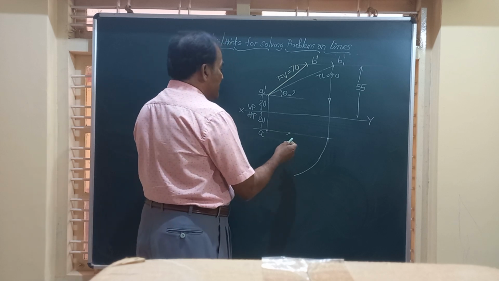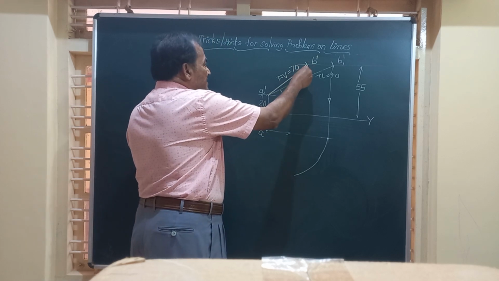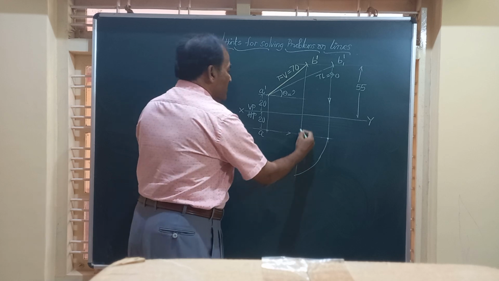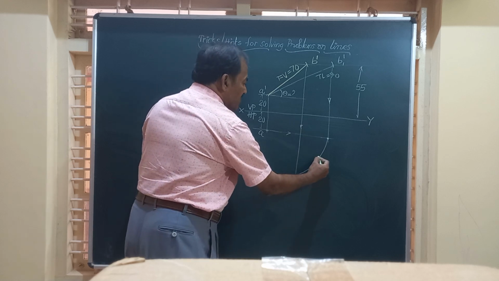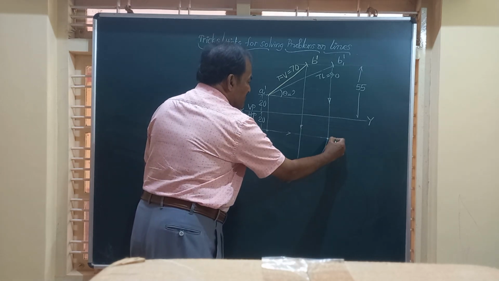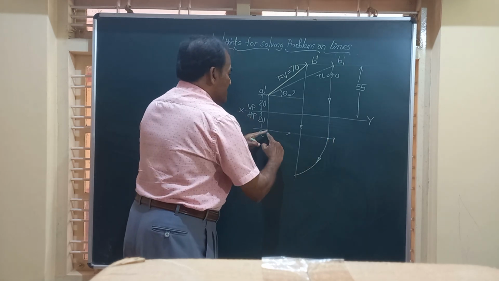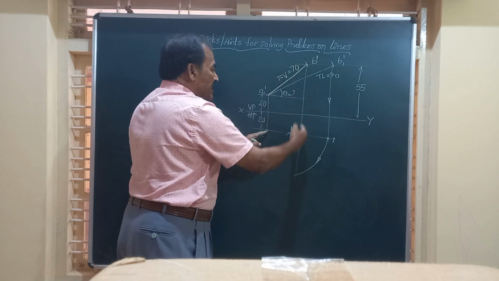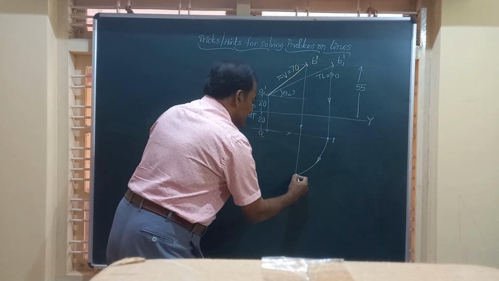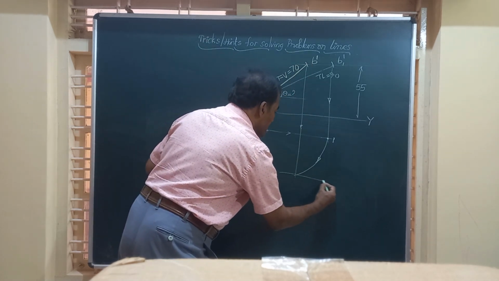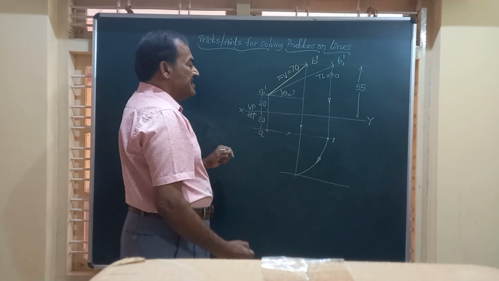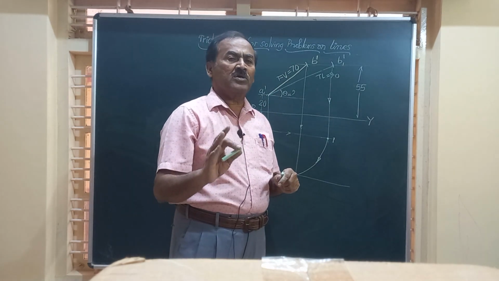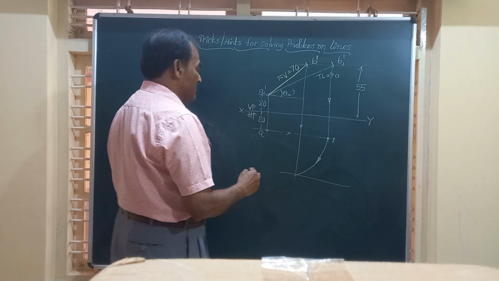So friends, I draw a vertical line from B dash, straight downward, to cut the arc drawn from A1 as radius. They are intersecting here. So I am going to draw a line here indicating the locus of the end B in the top view.